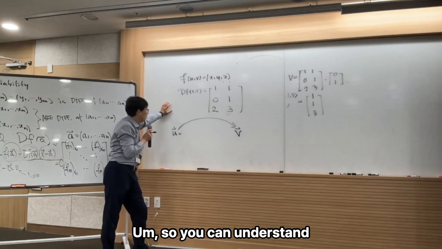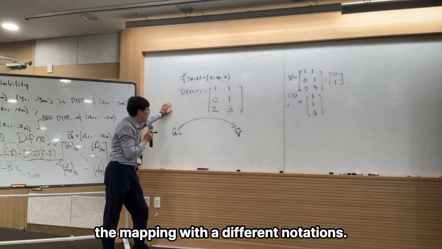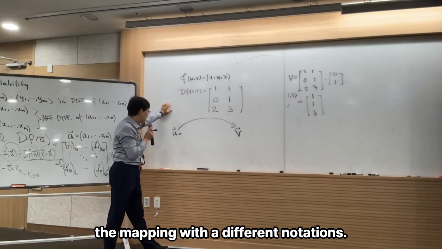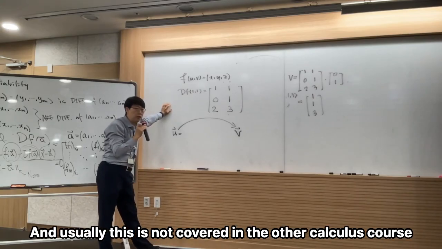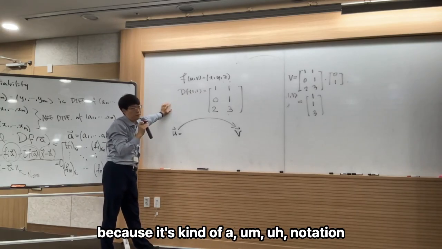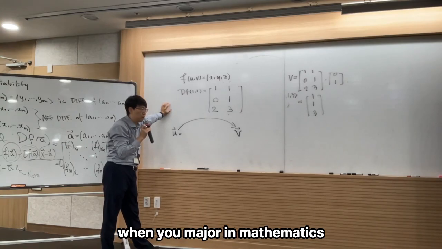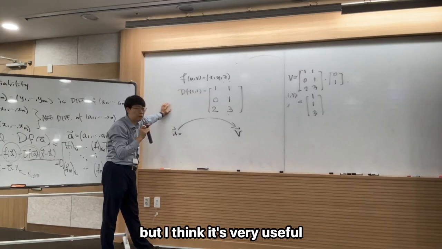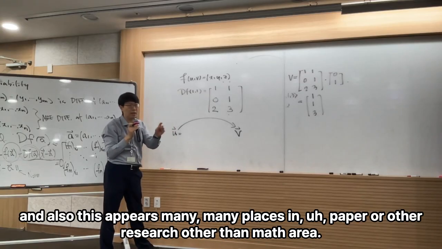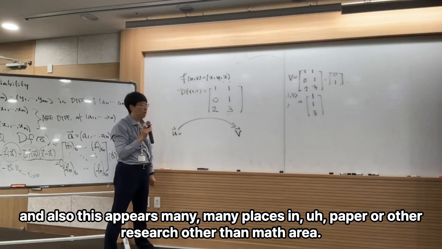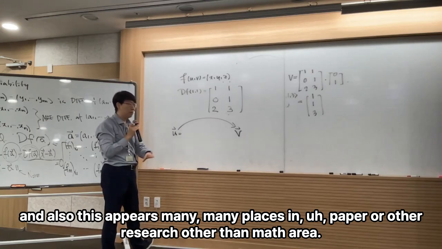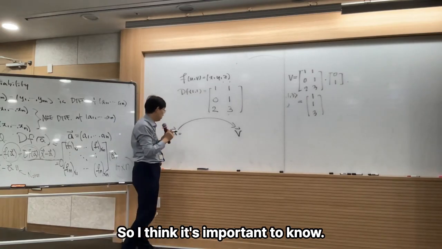So you can understand the mapping with different notations, and usually this is not covered in other calculus courses, because it's a notation that appears in the major courses when you major in mathematics. But I think it's very useful, and it also appears in many places in papers and research outside the math area. So I think it's important to know.